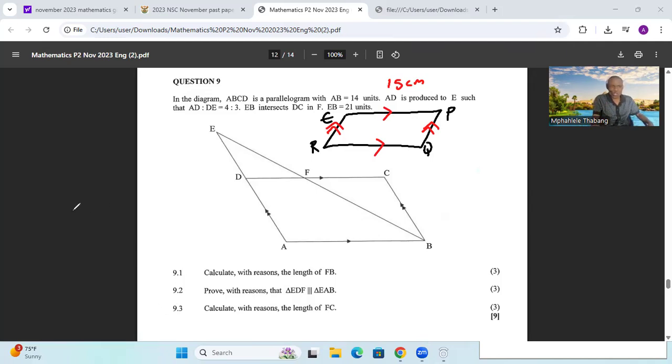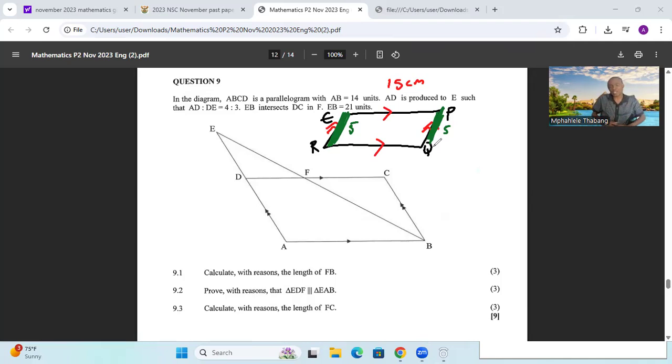And we can also say that the side ER is equal to the side PQ. So if I say ER is 5, it means PQ is also 5. These are the properties of a parallelogram. Opposite sides are parallel and also equal. Actually, this is the property that I want to focus on.